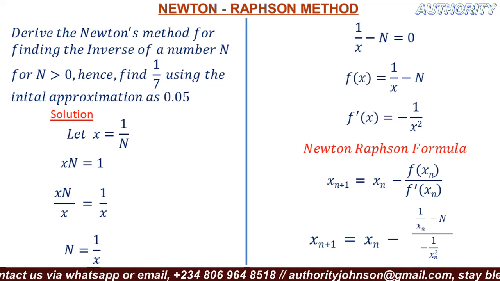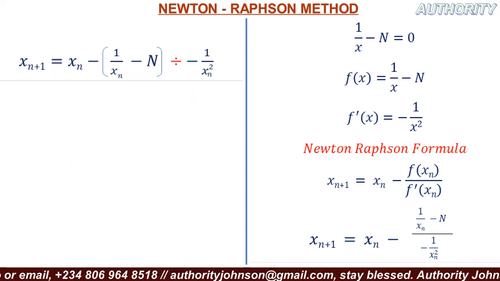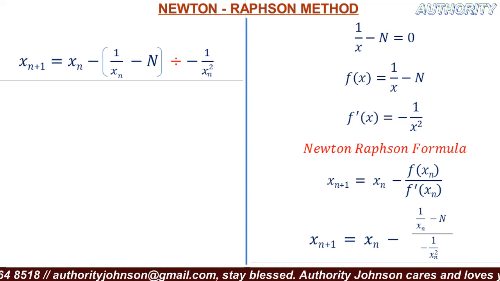We've written this numerator and the denominator like this. We have xn plus 1 is equal to xn minus, in bracket, 1 all over xn minus n divided by minus 1 all over x squared.